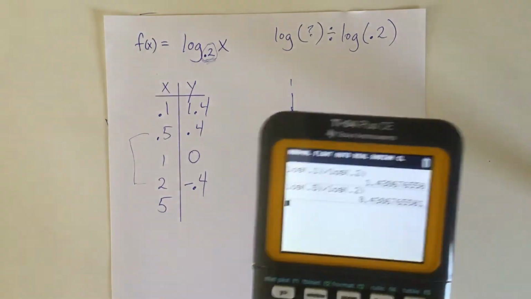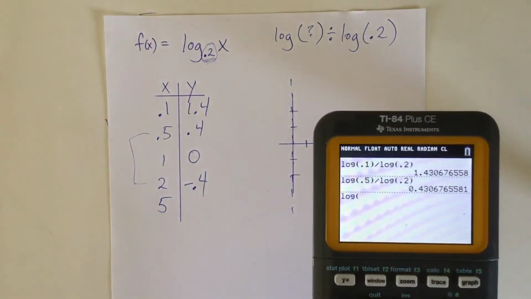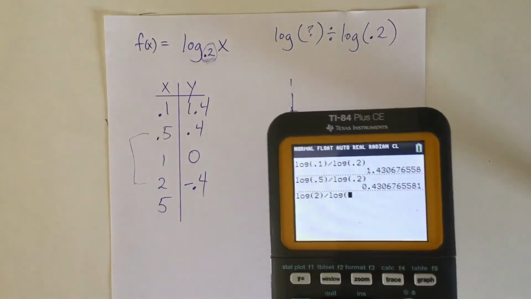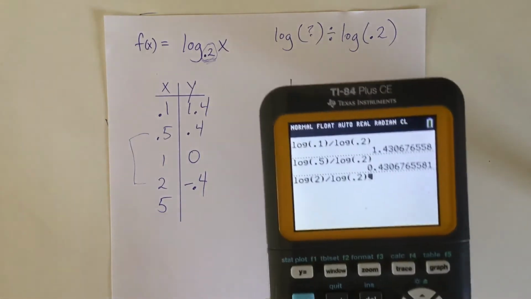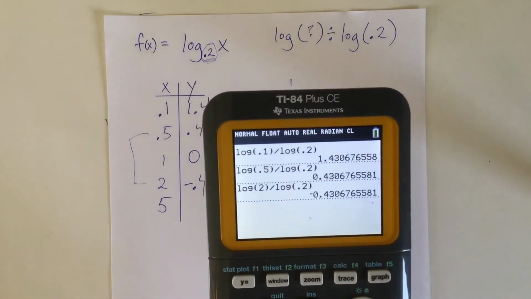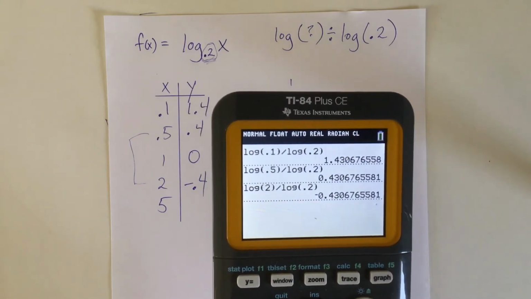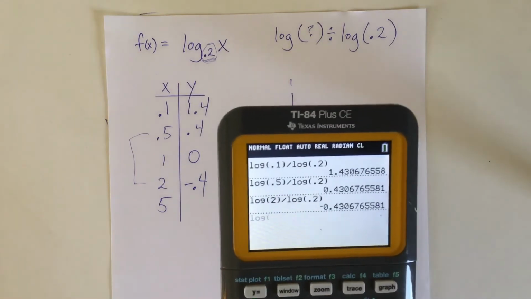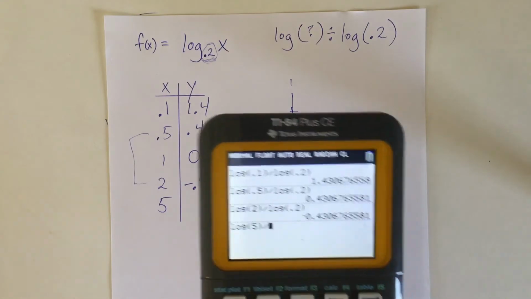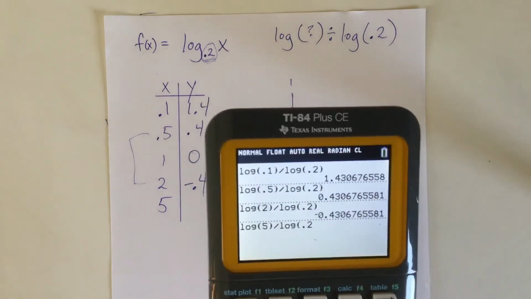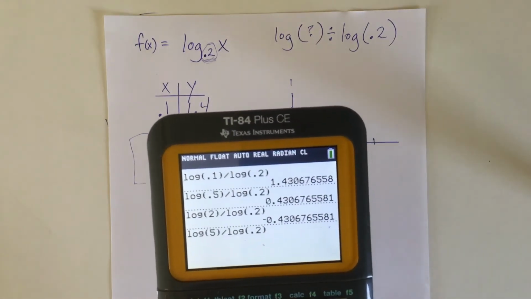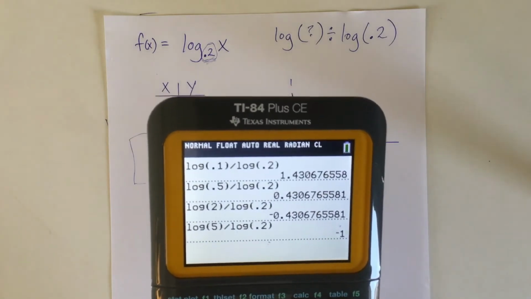But let's double check it. What is the log of 2 divided by the log of 0.2? See, there it is. There's my guy. It's the same number. It's just reverse the sign. And then last but not least, log of 5 divided by log of 0.2. You ready for this? This is going to be negative 1.